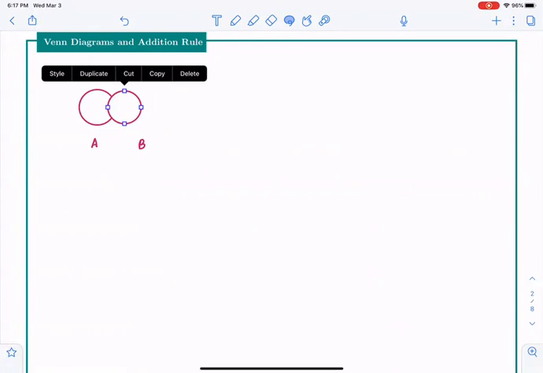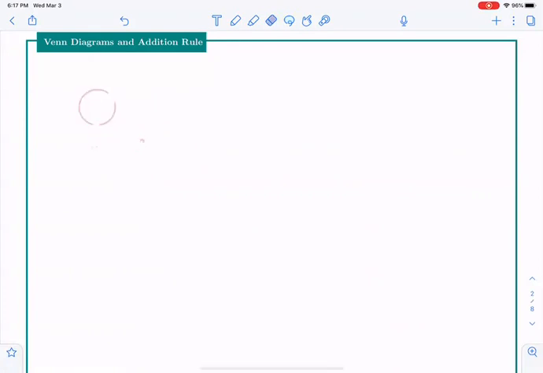I guess it wouldn't let me shade them together, so let's just do it this way. So we have event A and event B, and you can see that event A and event B are overlapping.